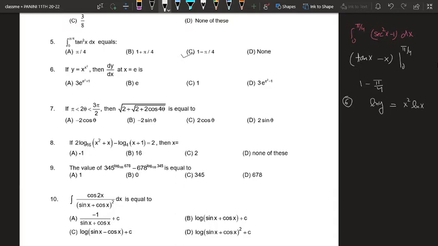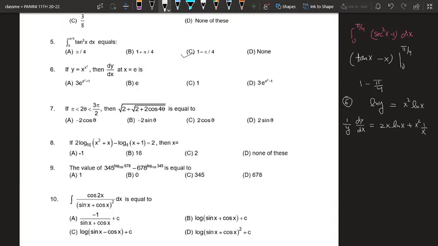Now if we differentiate both sides, 1 by y dy over dx is equal to, now differentiation of this, we apply the product rule. Differentiation of x square, 2x ln x plus x square 1 by x.